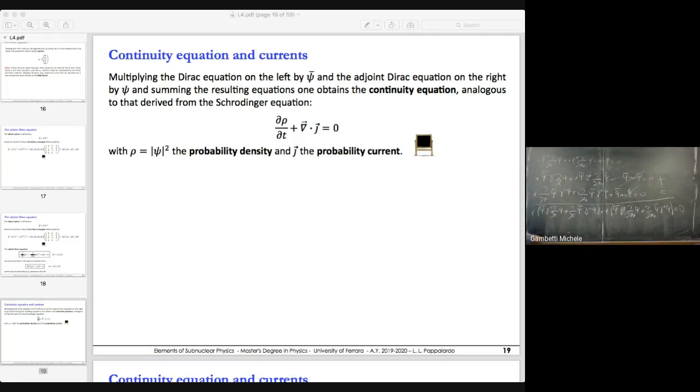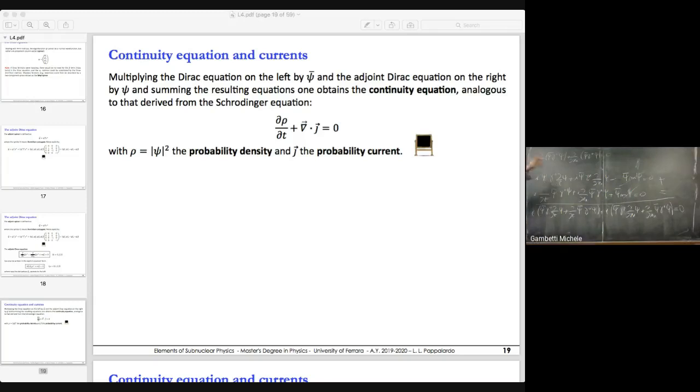And so this we can write here in the compact form as ∂_t of psi bar gamma^0 psi plus ∂_xk of psi bar gamma^k psi equal to 0.